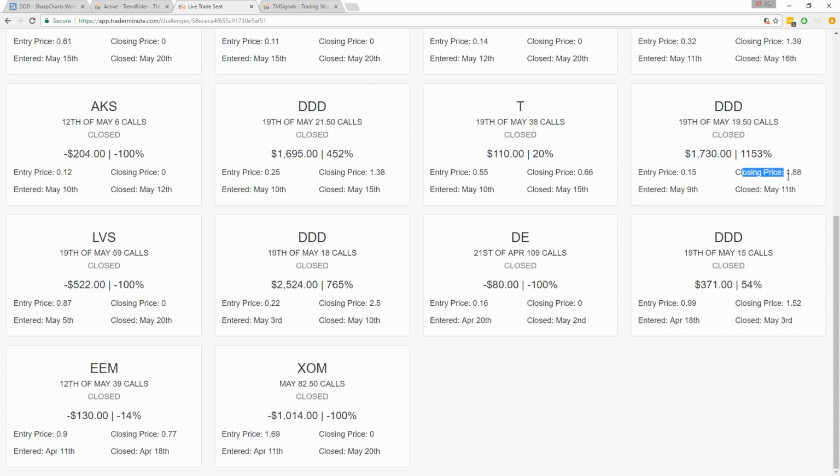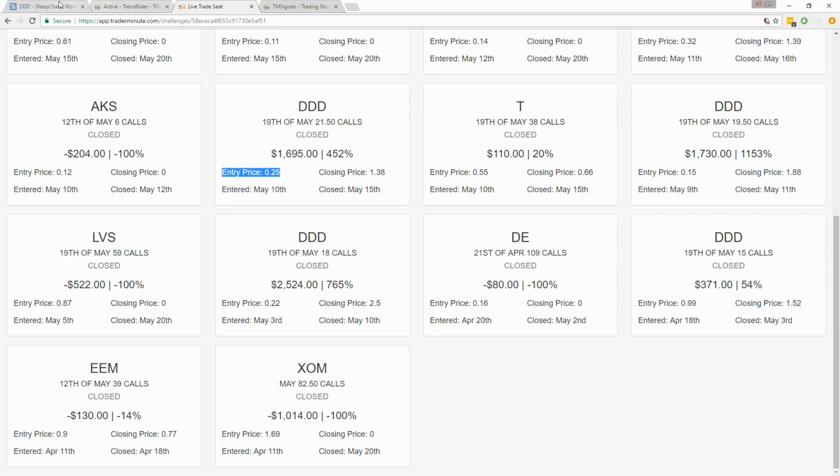What happened? They went to $1.88. I closed them 2 days later, and I turned around and bought some more. So essentially, I'm closing a whole bunch of contracts at $1.88 and opening a few more, but only at 25 cents. So what's happening to my exposure? I'm actually risking less, but yet I'm continuing to keep that upside.